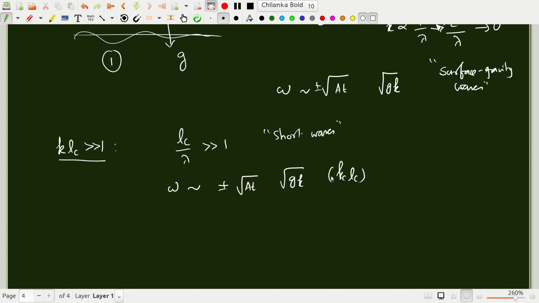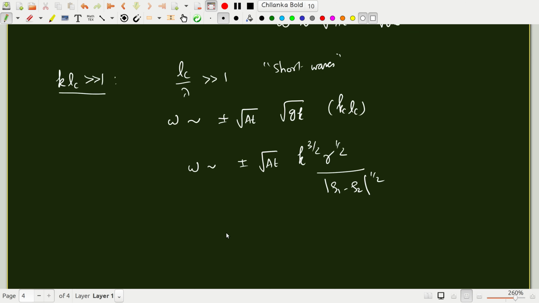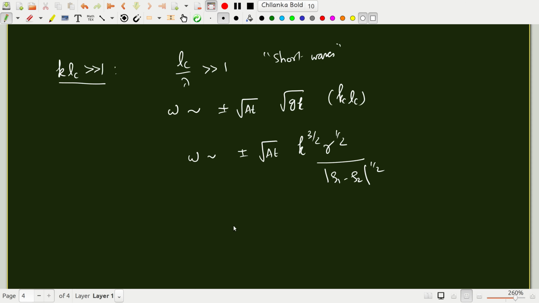Now if you substitute the expression for LC, the capillary length, then you will get omega is plus or minus square root of AT times k to the 3 halves gamma to the half. So this is how the frequency of oscillation changes for very short length scales. These are called capillary waves.